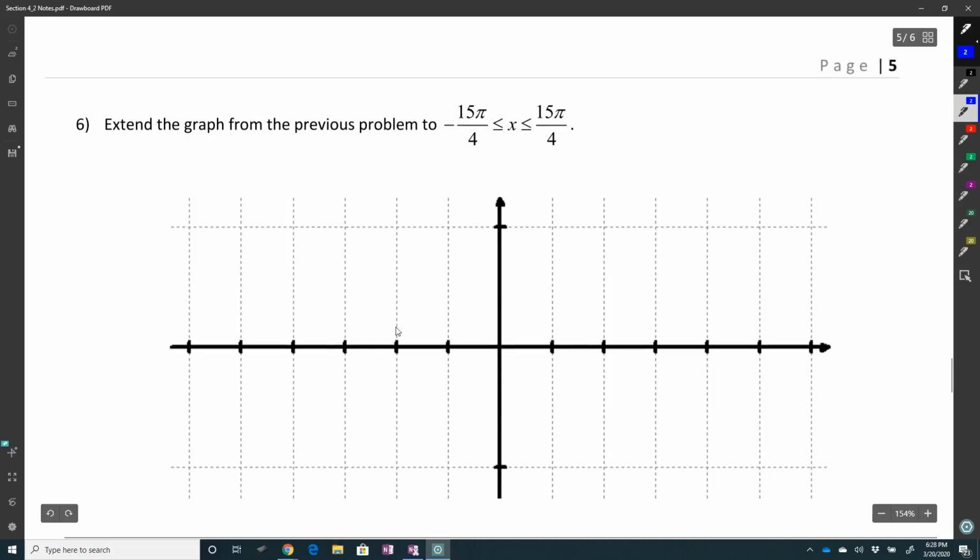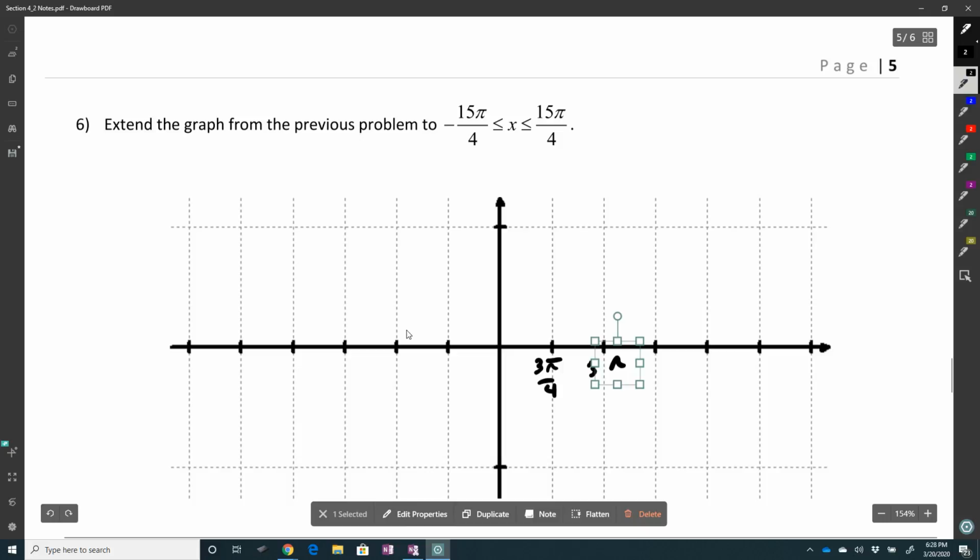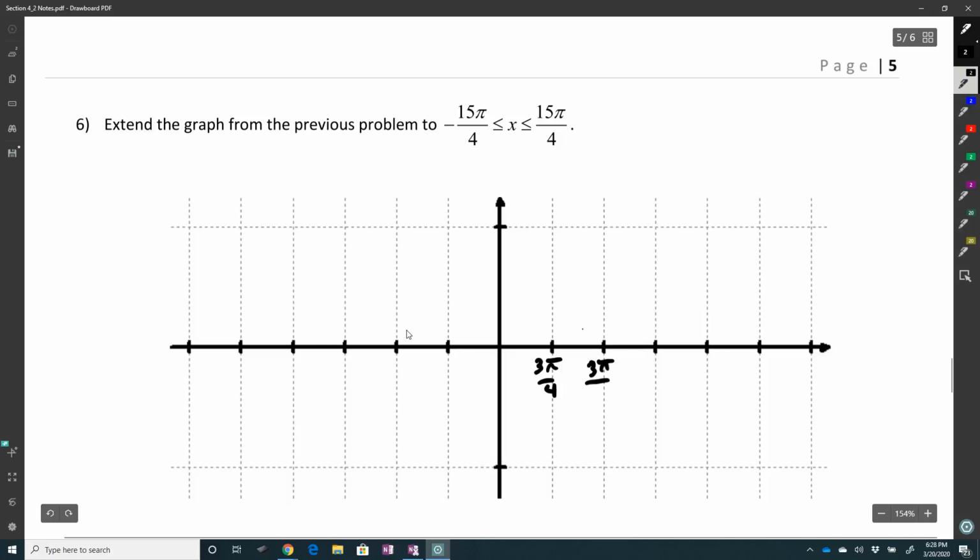So they say extend the graph from the previous problem. And so in this graph, we had 0, 3 pi over 4, 3 pi over 2, and we got 6 pi over 4, 9 pi over 4, 3 pi. And then we can keep going.